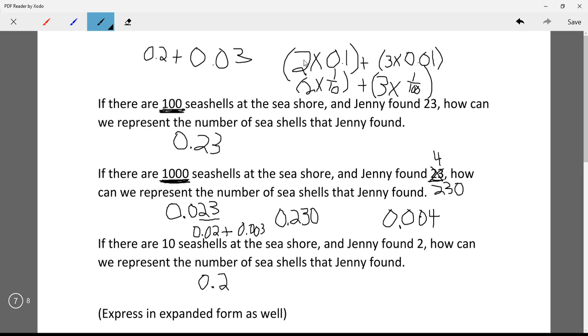And then we could also split it up like 2 times 1/100th like this, and then 3 times 1/1,000th like that. So we could split it up like that as well. So hopefully this cleared a few things up for you guys.